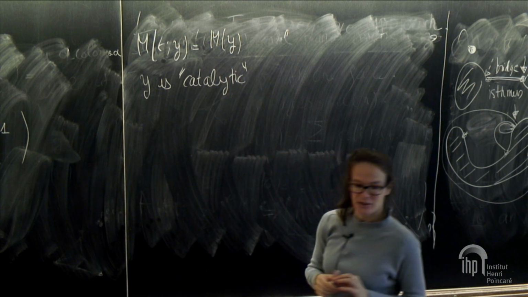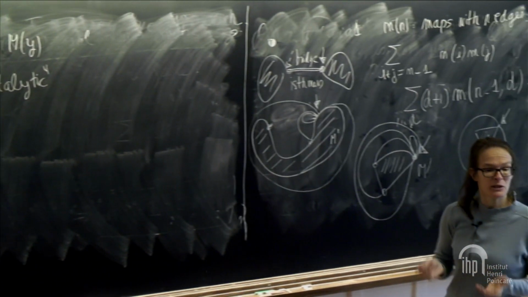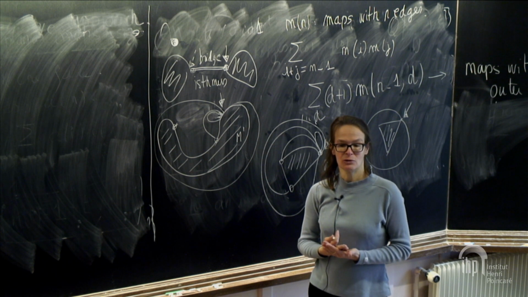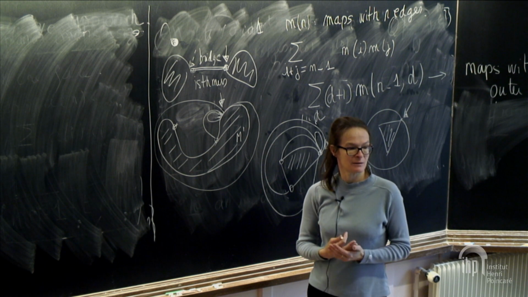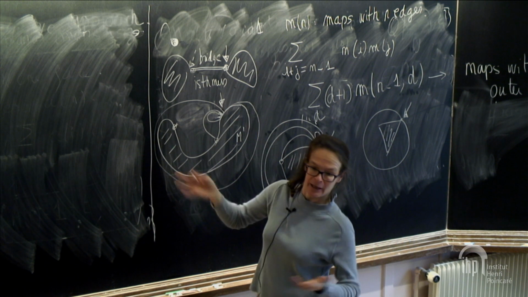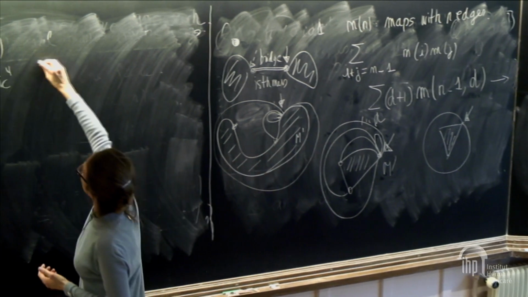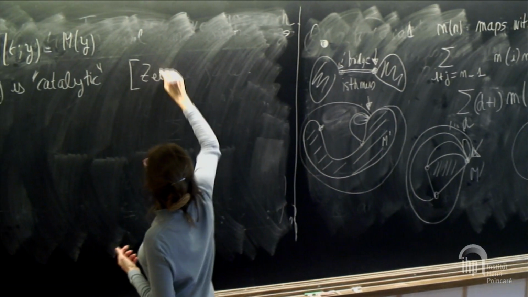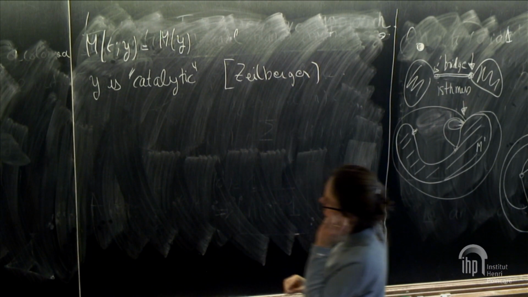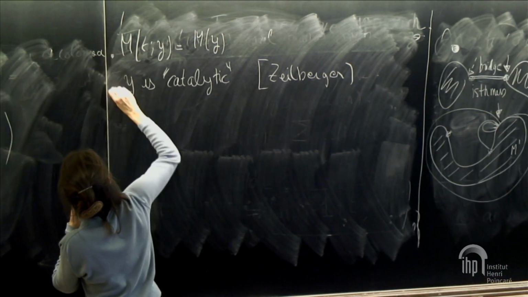As far as I understand, the idea behind this terminology is that even though you were not interested in this parameter, you were forced to introduce it to exploit your recursive description of maps and translate it into some functional equation. So that's Zeilberger. What should I say next?